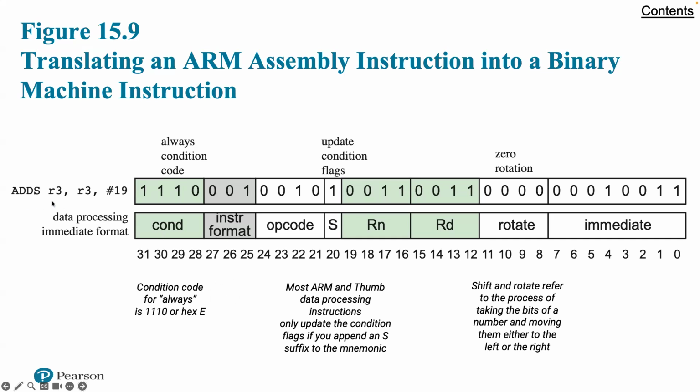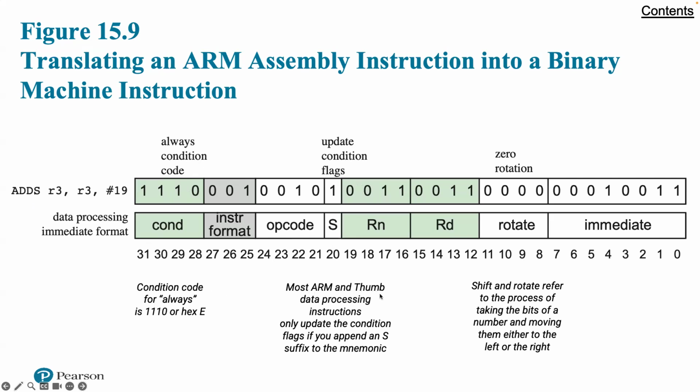So this is for this particular command. So here, it's using the always condition code. So that is 1110, the always condition code. Here we have a flag, S, and so that means setting it to 1.